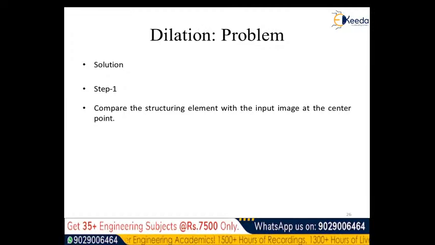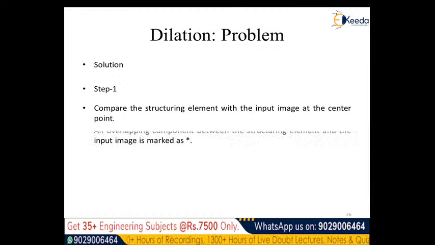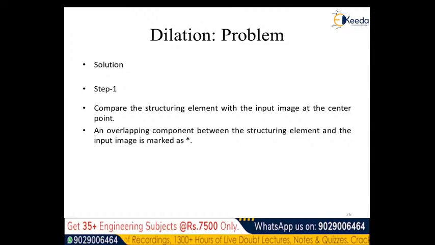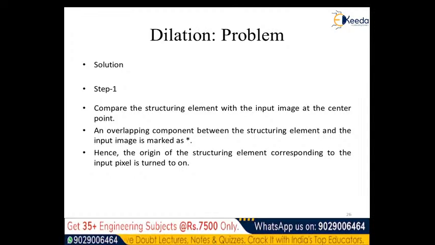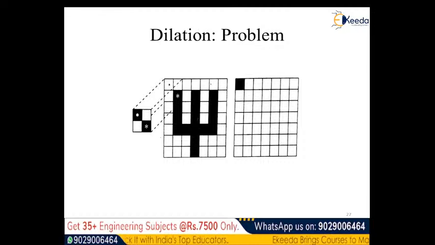If we find any kind of overlapping component between the structuring element and the input image, we can mark it with the help of an asterisk here, and then the origin of the structuring element corresponding to the input pixel we have to turn on in the output visualization here. So let us have the illustration of step 1 here.